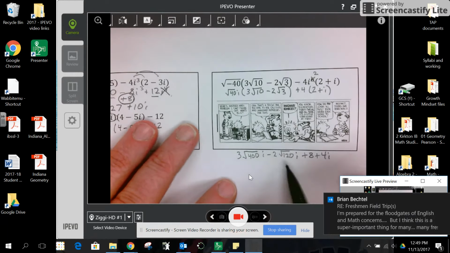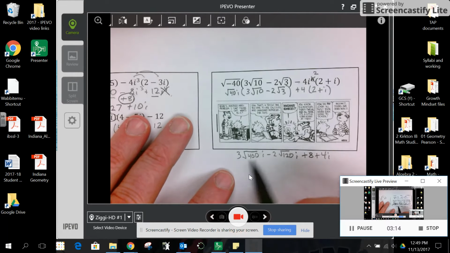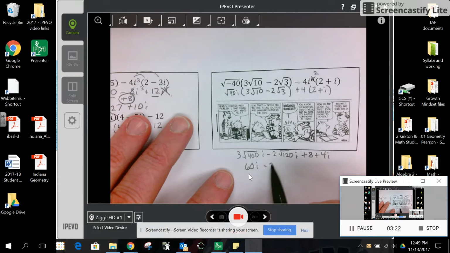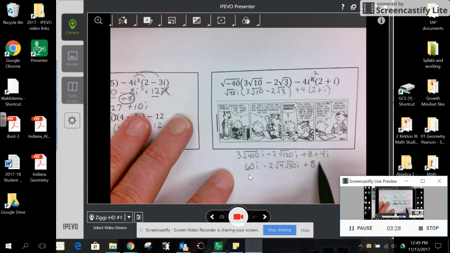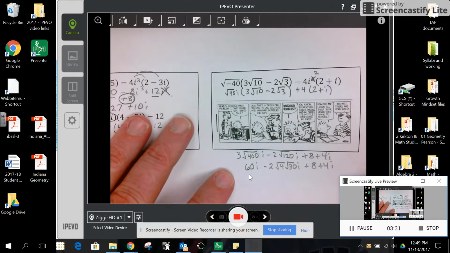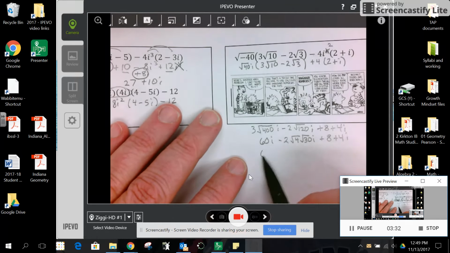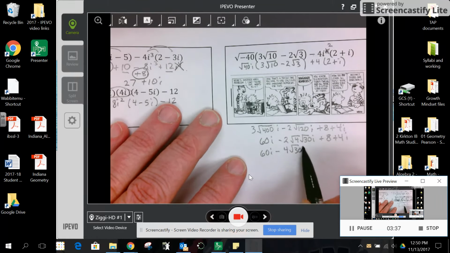So as we simplify, I'm going to change this to 20. So this is 60i minus 2. This is radical 4, radical 30i plus 8 plus 4i. You keep rewriting them, you won't lose them. So I have 60i minus 4 radical 30i plus 8 plus 4i.